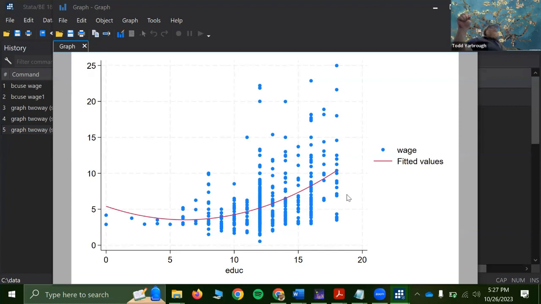If you have a linear relationship, the amount that you expect a wage to rise relative to a year of education would be the same for someone who went from 9 to 10 years of education and someone who went from 22 to 23 years of education. That's a constant relationship. But with a nonlinear relationship, and specifically this one, it looks like the marginal effect of education grows with education, okay?